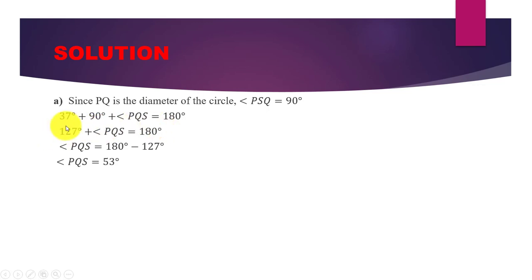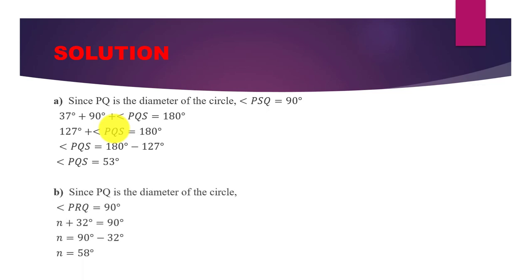So we subtract 127 degrees from the left side and 127 degrees from the right hand side. By this, we get angle PQS equal to 180 degrees minus 127 degrees, giving us angle PQS equals 53 degrees. Therefore, angle PQS is 53 degrees.